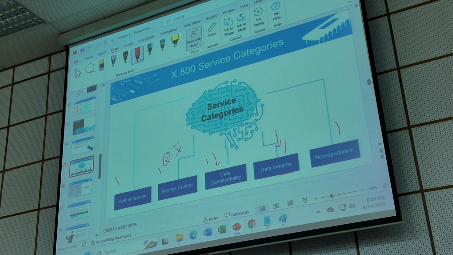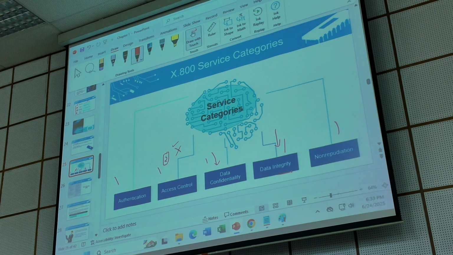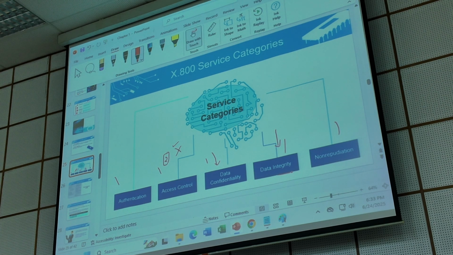Every document has a code, so once you modify a word inside, the code will change. In the practical class, you will learn this. All the doc files and PDF files have a hash code. Once you modify it, adding a word or a question mark, the code will change immediately. So I know whether the document has been changed by you or not, and whether the document is original or not.